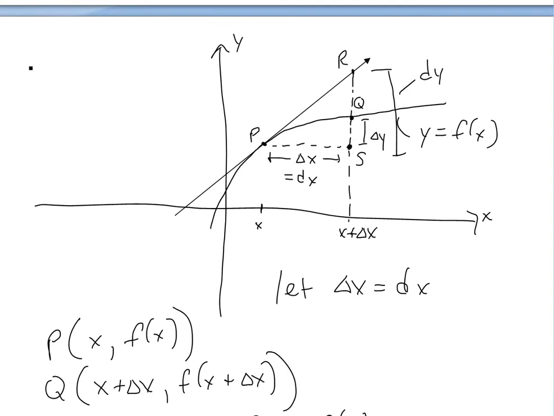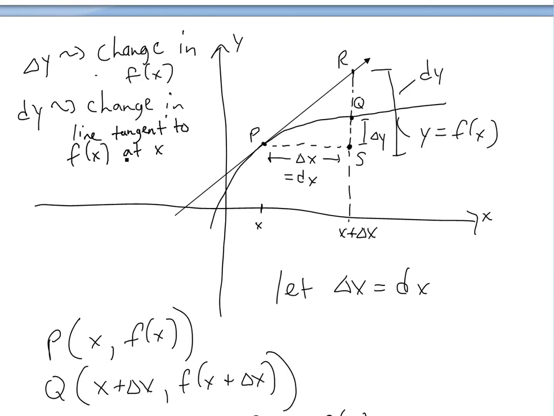That's all delta y is. And dy, which is differentially defined, is the change in the tangent line. So dy is the change of this line that is tangent to f of x at this point here.